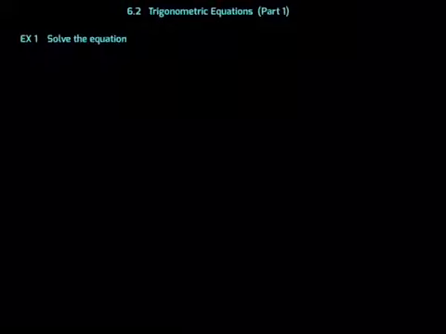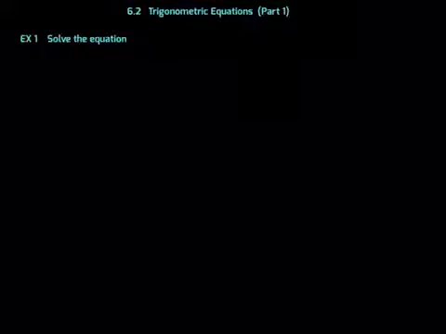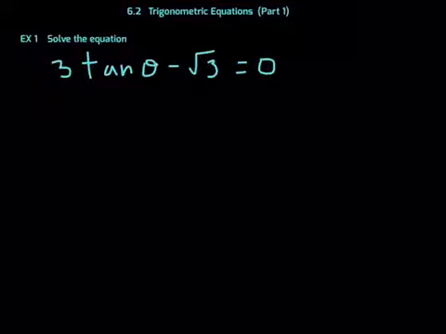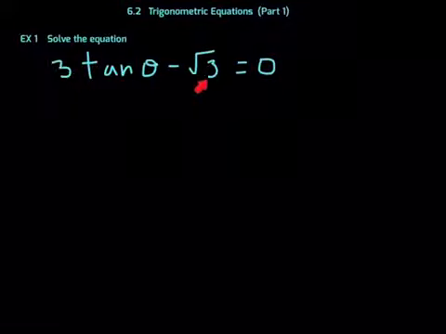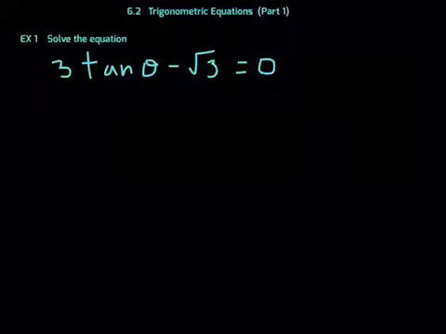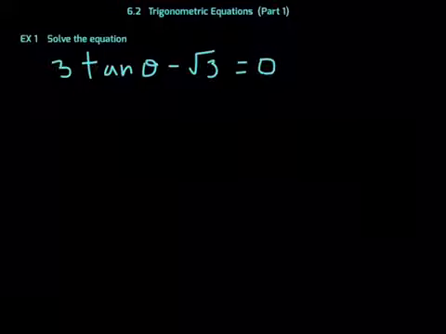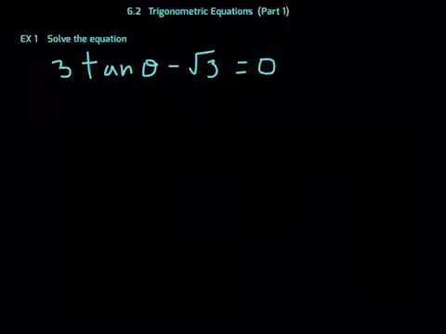So here's part 1. And the first example says solve the following equation. This says 3 times tangent of theta minus root 3 is equal to 0. Now you remember from your studies in algebra that to solve an equation means to find the value of the unknown, right?